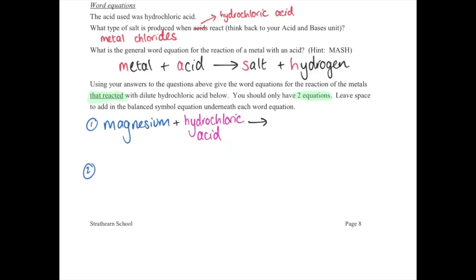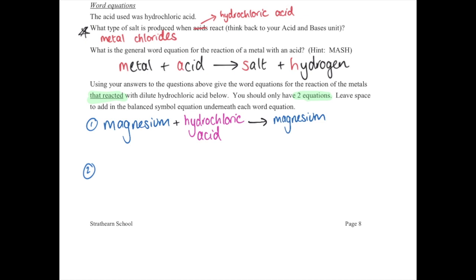So the first metal that reacted was magnesium, and it reacted with hydrochloric acid. So if you remember back to the start here where I said what type of salt is produced, well, in this case, we're going to get metal chlorides. That's because the first name of any salt will come from the metal. In this case, that is magnesium, and it doesn't change its name.